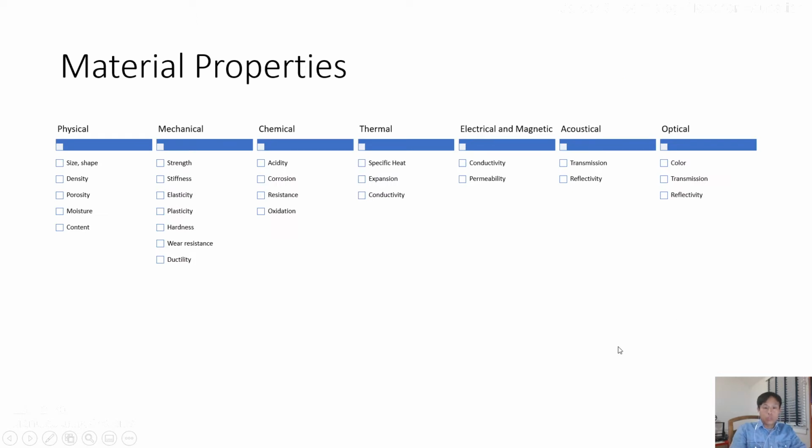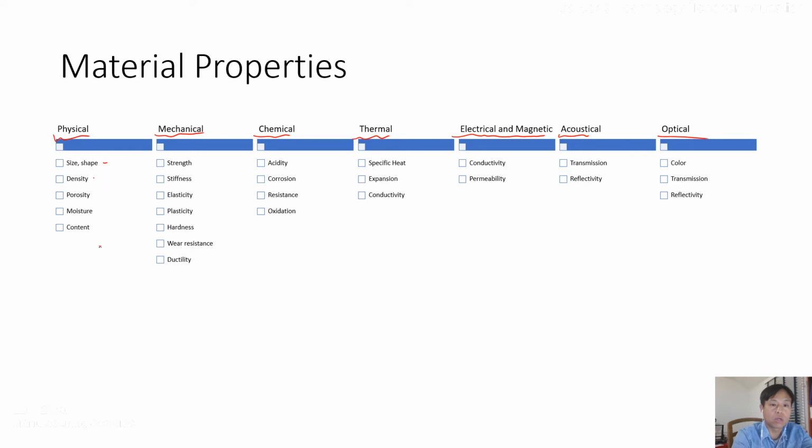These are material properties. We look at these properties in weeks 2 and 3. There are seven material properties: physical, mechanical, chemical, thermal, electrical and magnetic, acoustic, and optical. We can determine which properties we want, such as in physical, what kind of shape or size, density, porosity.